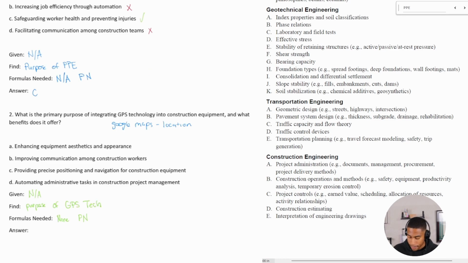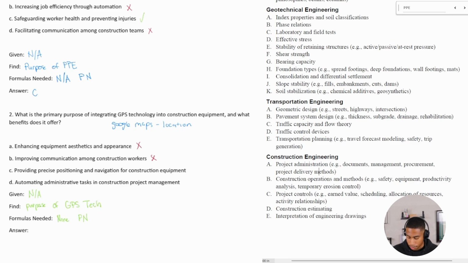All right, so that's a little bit of background. So let me tell you something. They do not care about aesthetics in construction. If you notice, you're wearing bright clothing. I worked in construction for a little bit, material testing. So enough said. No aesthetics. Improving communication among construction workers, no.